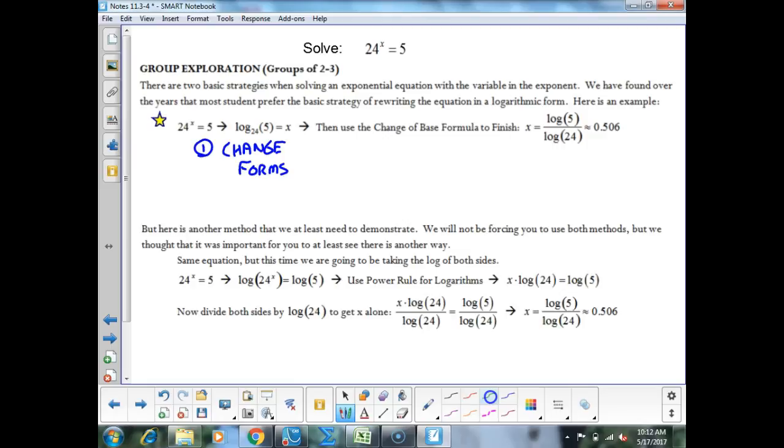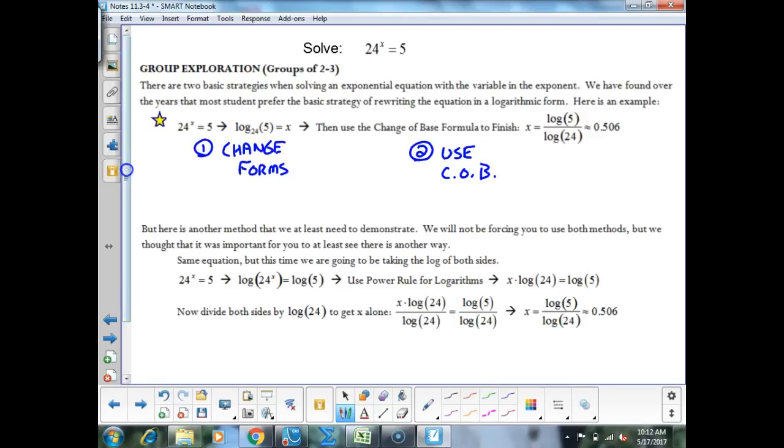Then that allows us to use the change of base formula to solve for our variable. Quick, simple, effective. Promise you're probably going to go to that 99.4% of the time.